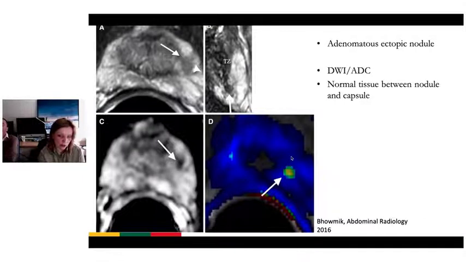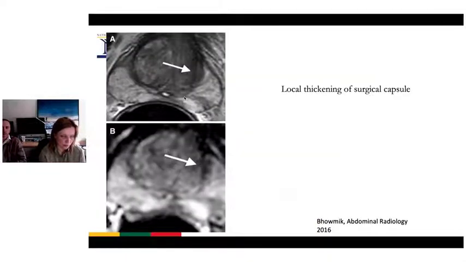Edematous ectopic nodules, which prolong from the transition zone into the periphery, are sometimes really challenging, and we have to stick a needle into them to know if it's not a cancer, because it enhances and has a drop on ADC. If we cannot say it clearly, maybe it's a good reason to make a biopsy for differentiation.